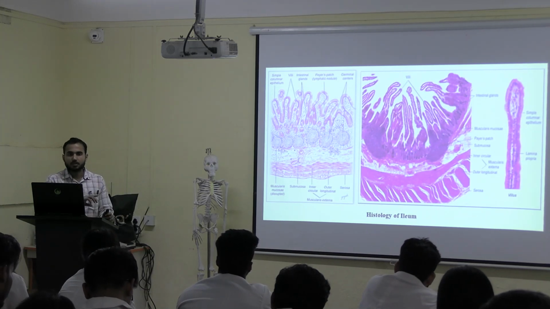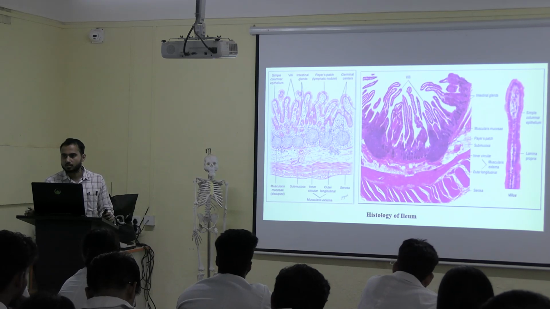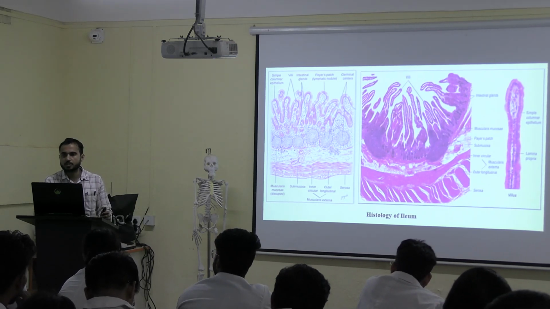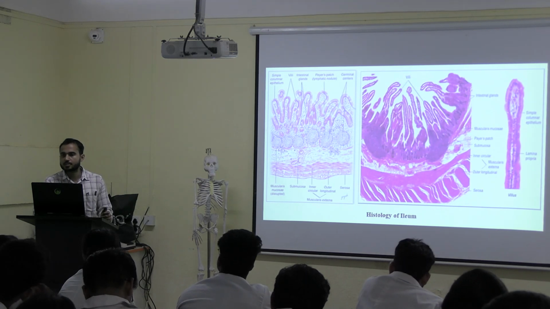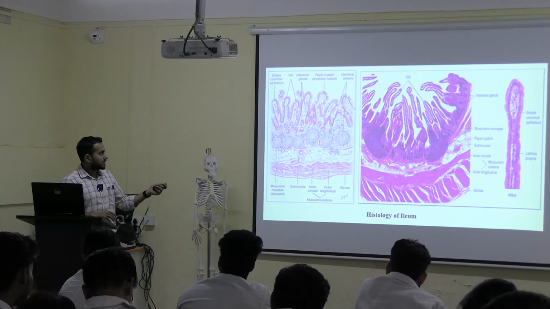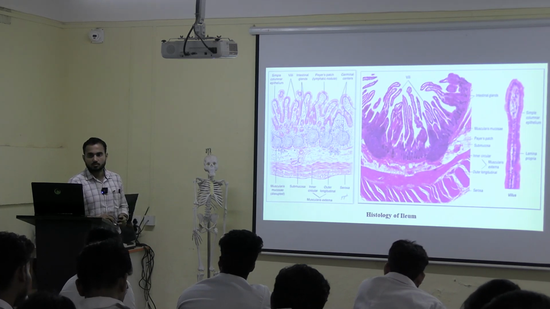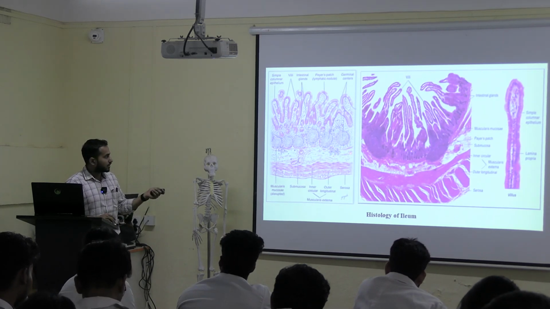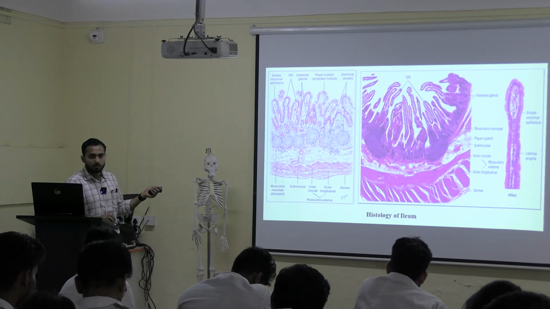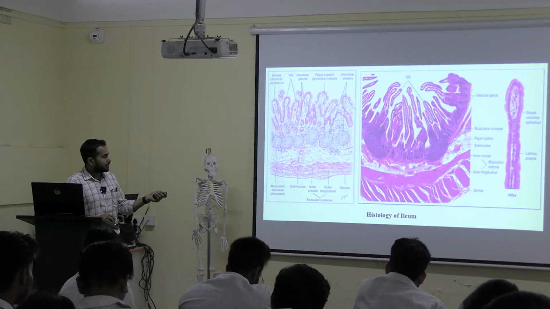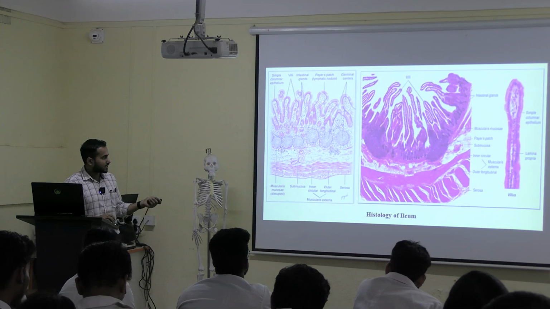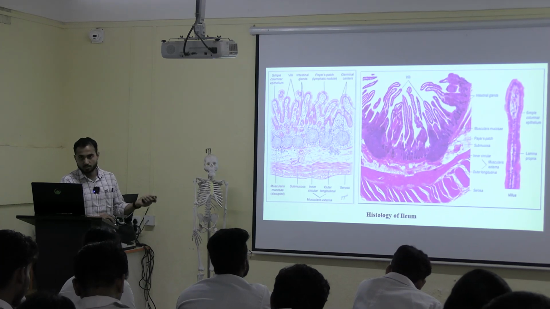Previously we saw it was almost absent, but here bundles, or a lot of Peyer's patches are present. It means more aggregation of lymphatic follicles are present. Like this you can easily differentiate, and see some are extending into the submucosa also. Here also in submucosa no glands are present, no Brunner's glands. This part is the muscularis externa, followed by the serosa. Now this is the schematic diagram which you have to draw, and this is the original histological diagram of ileum.